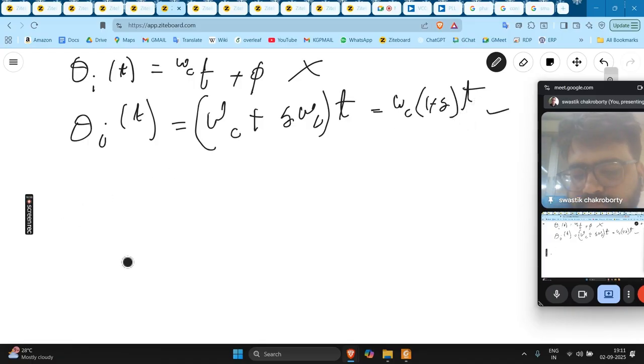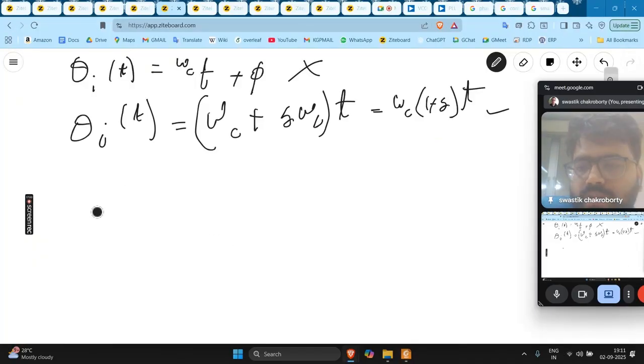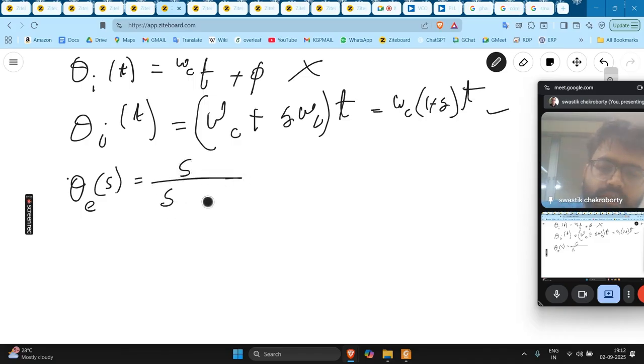Now correspondingly, the first order response of this will be theta e(s) is s by s plus AKH.